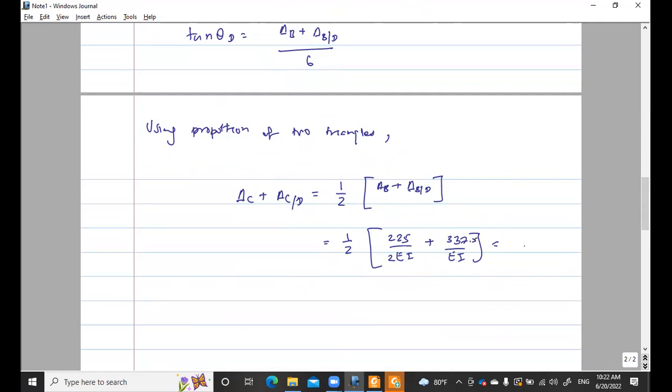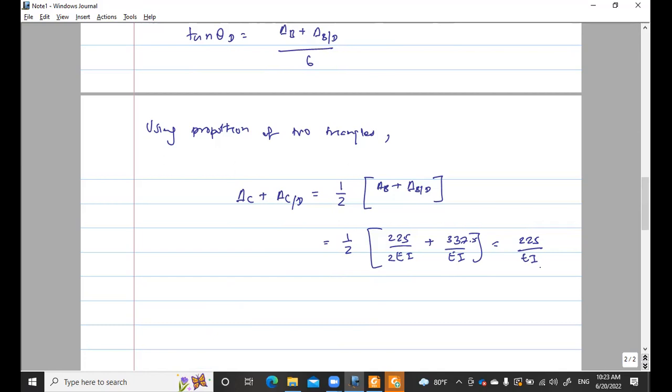That's 450 over EI. Then there is another half here, so that is 225 over EI. So 225 over EI is 112.5 over EI plus 337.5 over EI, which is 450 over EI into half. That is 225 over EI.